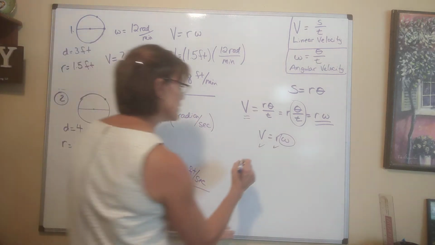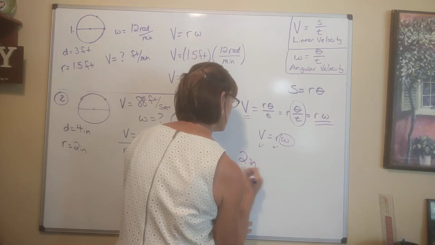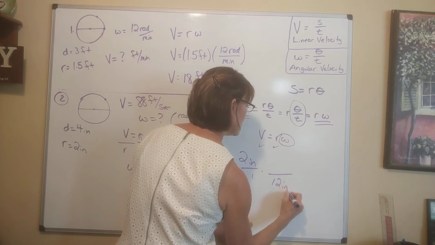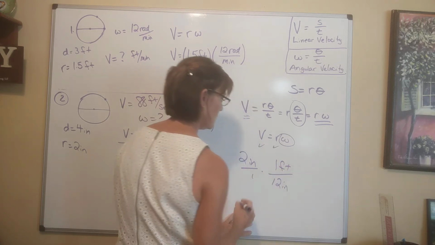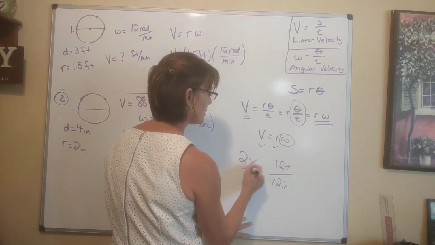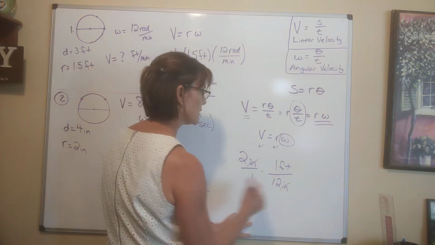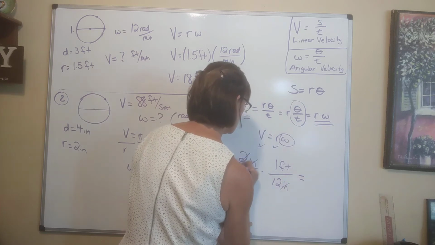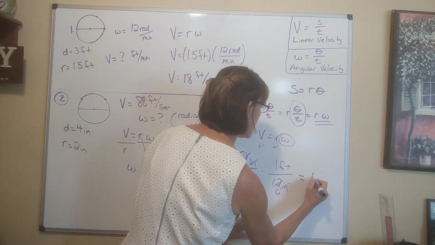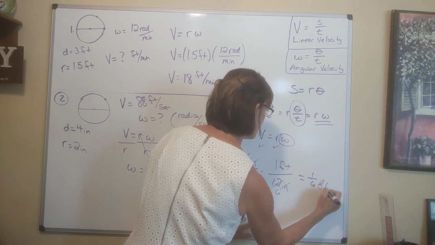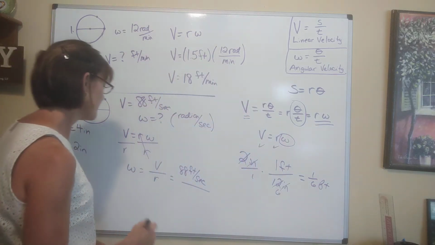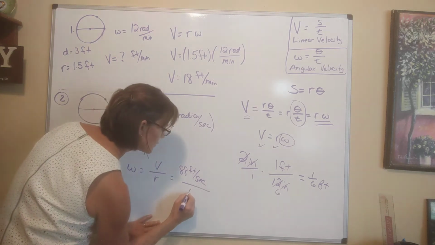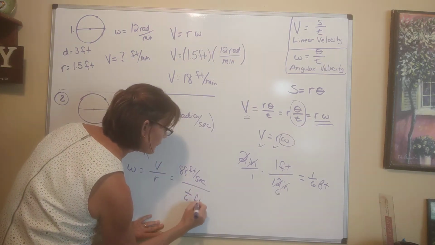So I'll say 2 inches times 12 inches in 1 foot, and I put what I want to go away in the denominator, so those cancel out. 2 can go into 12 six times, so 1/6 of a foot is equal to 2 inches.